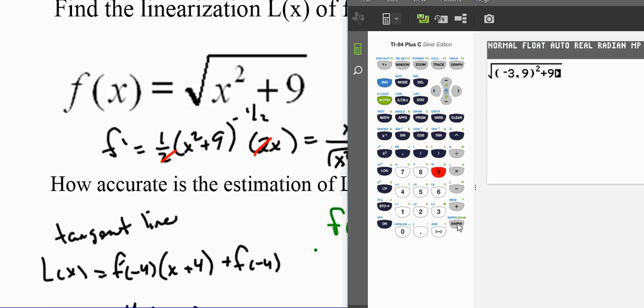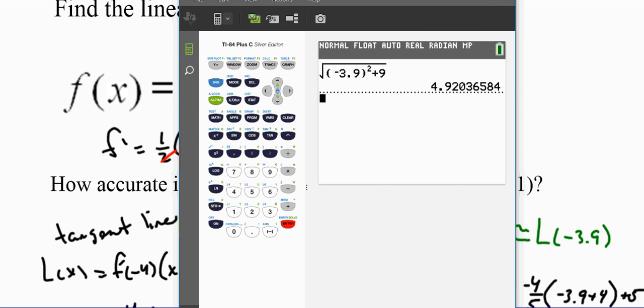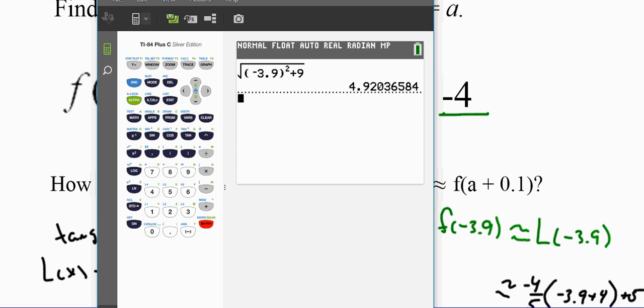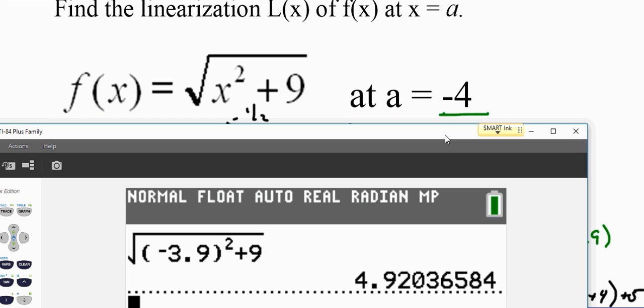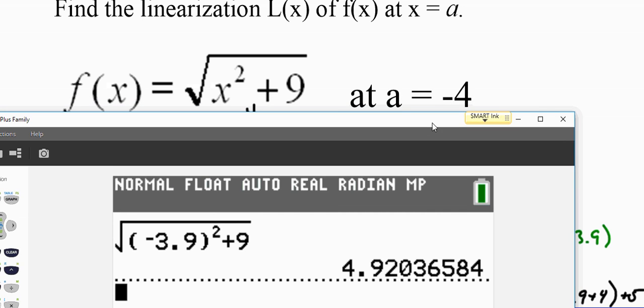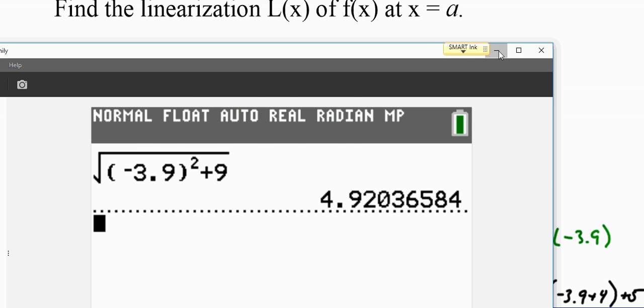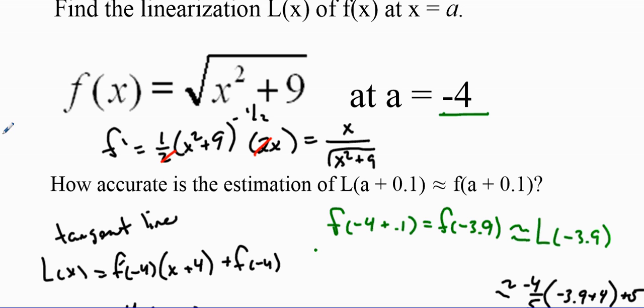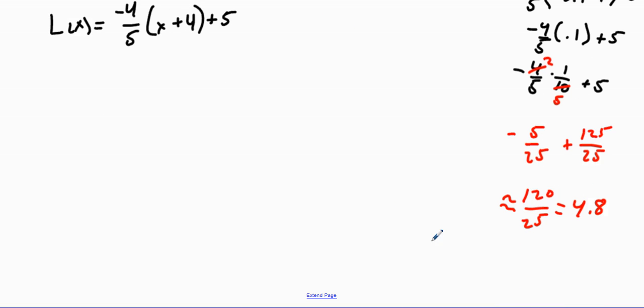I think I plugged it in correctly. And let's see what our final answer is. Oh, did I get this right? Oh, no, what did I do wrong? I thought it was going to be a little closer than that. Let me make sure we get it right: square root of -3.9 squared plus 9. Yeah, we have 4.92. So the actual value is 4.92.